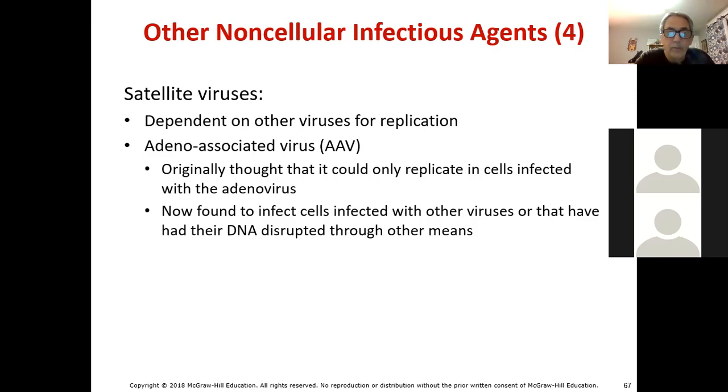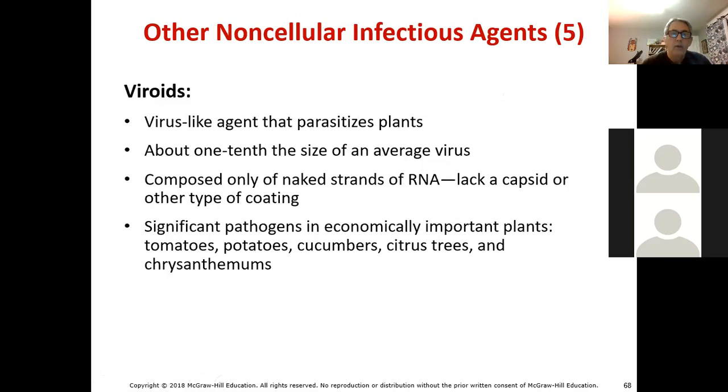Originally it was thought it could only replicate in cells infected with the adenovirus, but we now find it in cells infected with other viruses or that have had their DNA disrupted through other means. So not a lot is known about these satellite viruses compared to what we know regularly about viruses. So I didn't cover that.